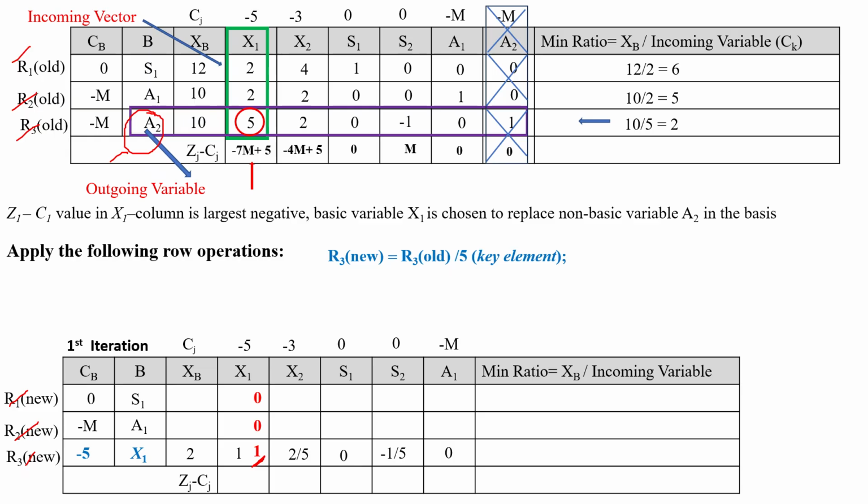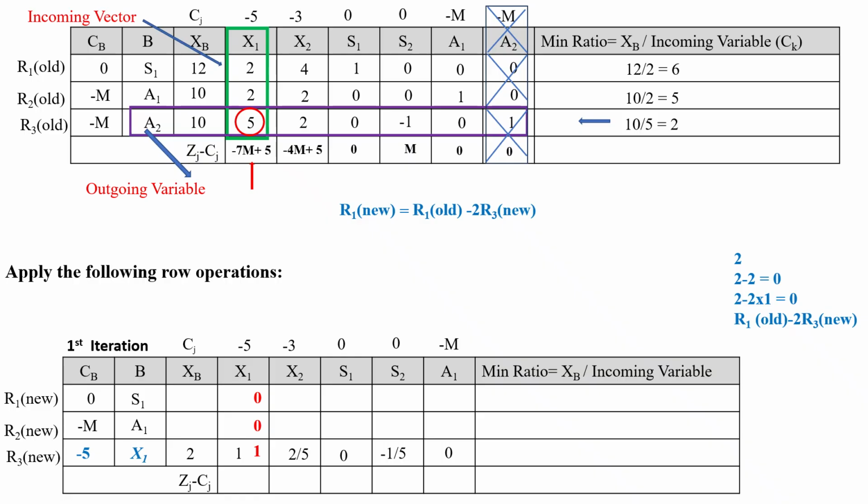So R3 old elements are the 10, 5, 2, 0, minus 1, 0. Divided by 5 means it will become the 10 by 5, 2, 5 by 5, 1, 2 by 5 and 0 by 5, 0, minus 1 by 5 and 0 by 5, which is equal to the 0.